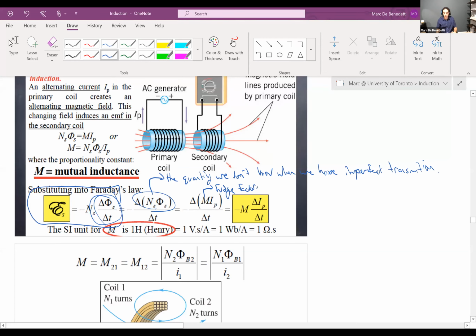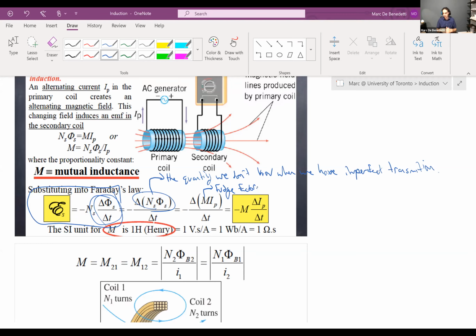What I'm saying here is there is no formula for M. There is no way in advance to calculate what M would be. M is something you have to measure empirically in the lab for that specific setup, for those specific coils in that specific orientation. It is not something that has a formula.